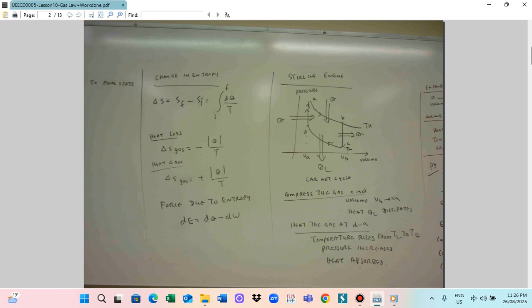The change in entropy can be positive or negative. When we take in heat, we get a positive change, and when heat is taken out from the gas, a negative change.